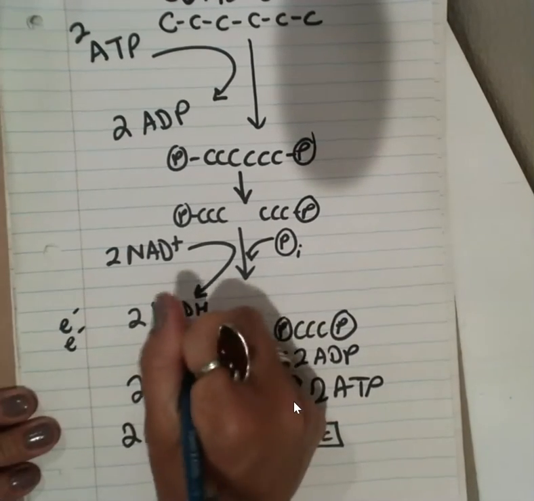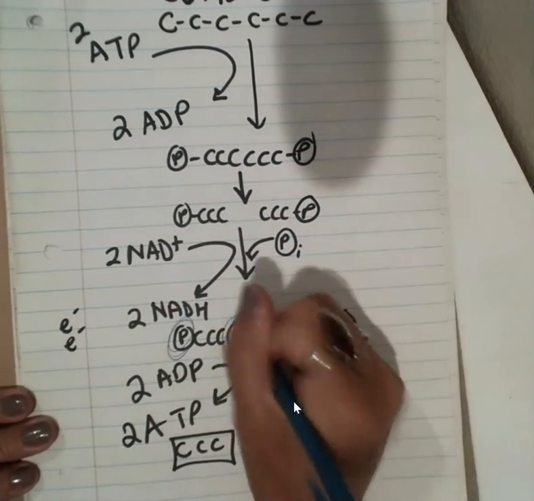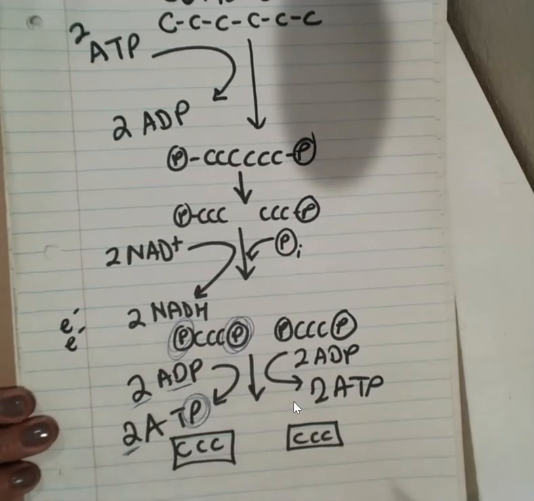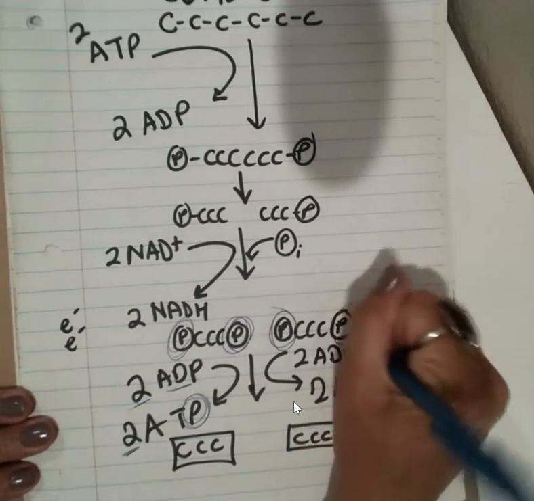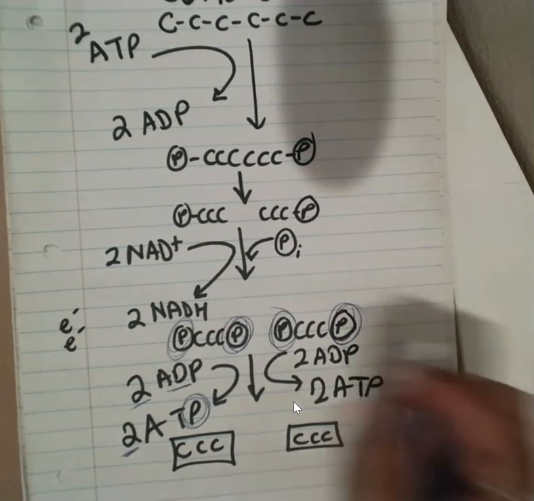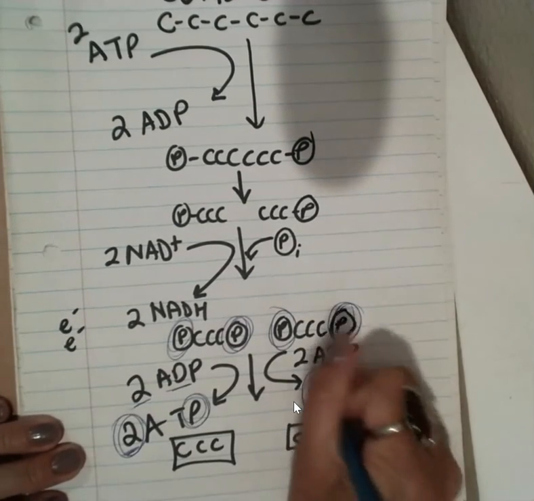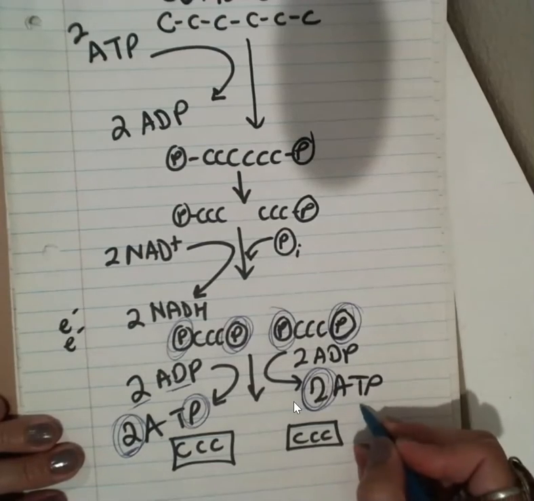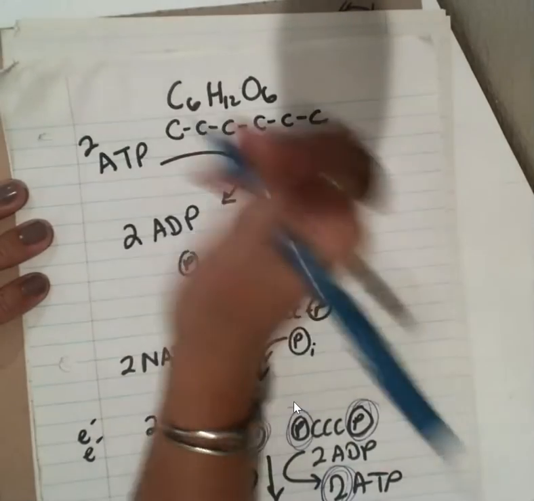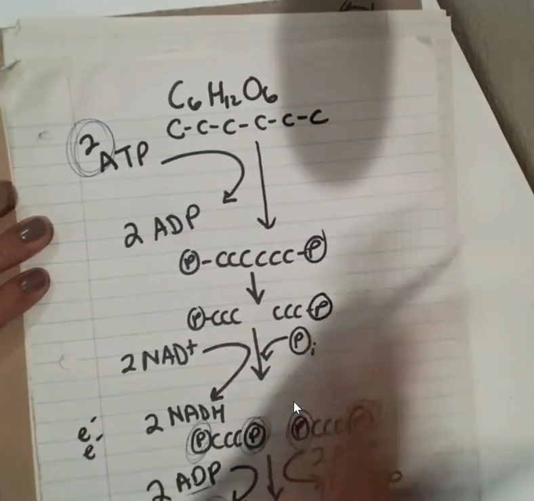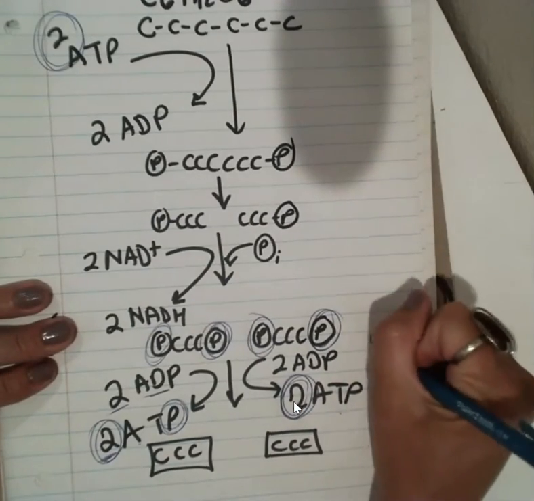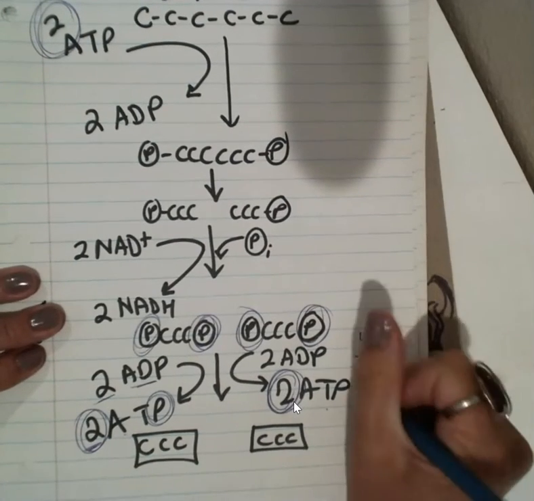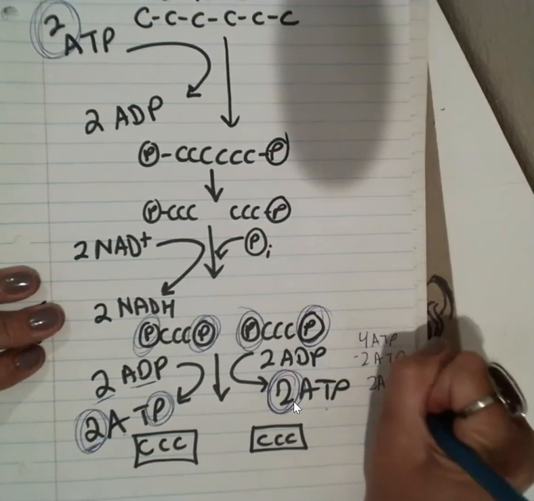These phosphate groups, like here's a phosphate and a phosphate, those are what's added to these 2 ADPs to make these 2 ATPs. So here we had 4 phosphate groups, and now at the end of glycolysis, we end up with 4 ATPs. But we need to remember that at the beginning, we actually invested 2. So our net gain is basically 4 ATP minus 2 ATP for ending up with 2 ATP.